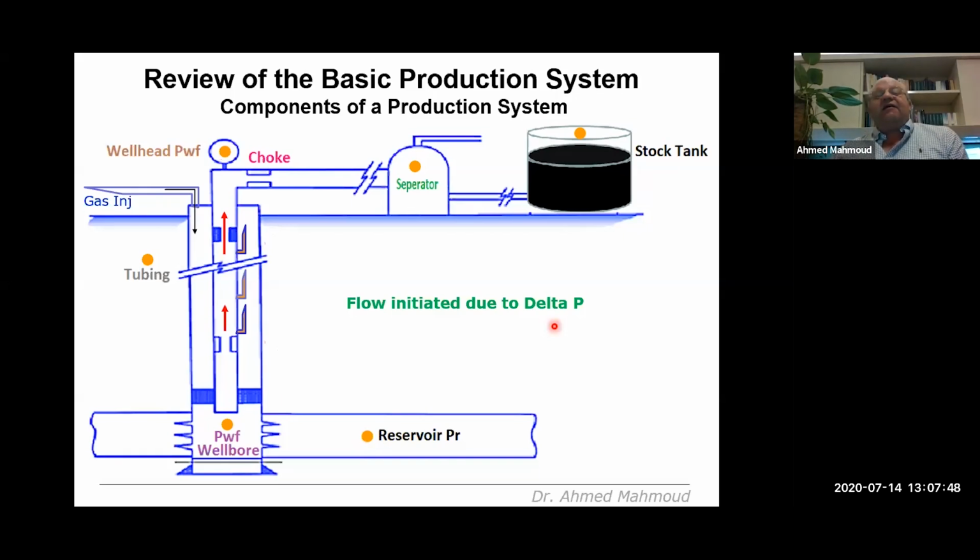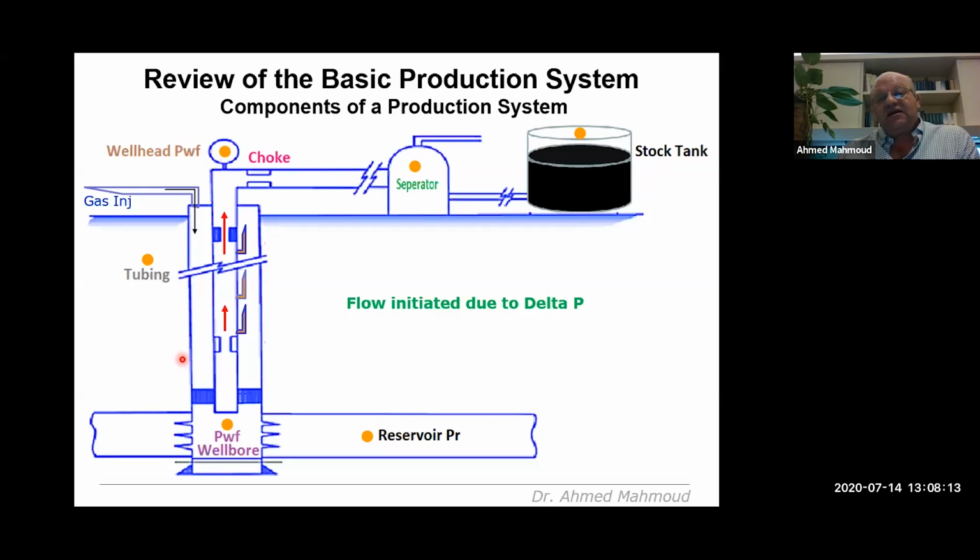Wells that have enough reservoir pressure, enough potential, will have enough delta P to spend and keep on losing throughout this process to be able to reach the stock tank. That's okay. But a very big part of this delta P is lost in the tubing.